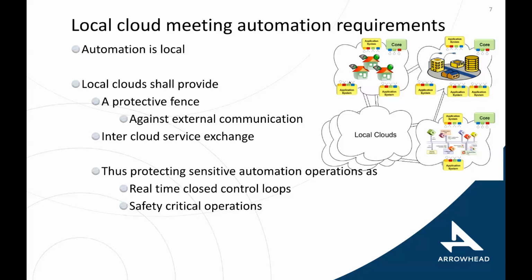And that means that we have a protective fence against any external communication. If we look at normal factories today, the fence is around the complete factory. And it's very clear that current fences in today's factories are not very efficient.